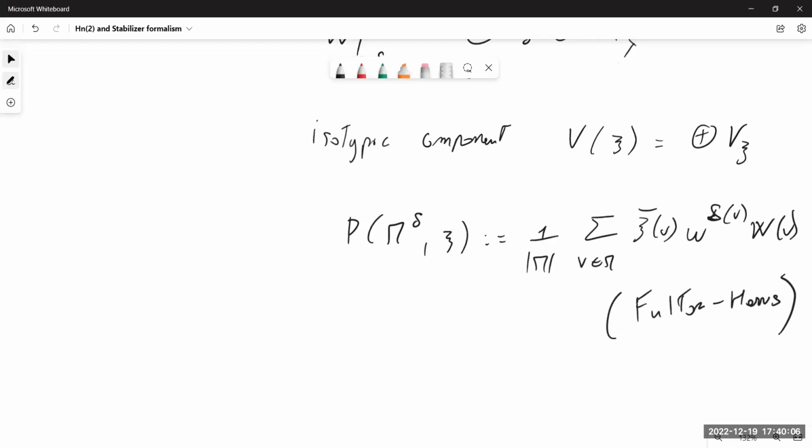Here, for example, this function delta must be chosen in a suitable way because you may be able to absorb the character into this function. So this projection is not uniquely defined, but this is just the usual complication for qubits.